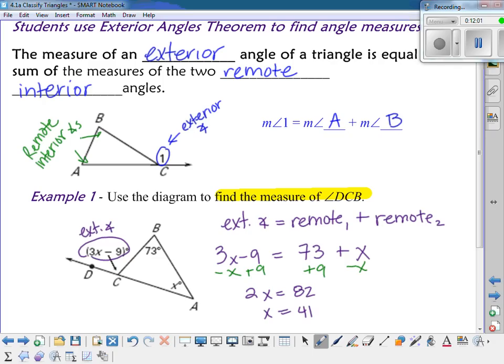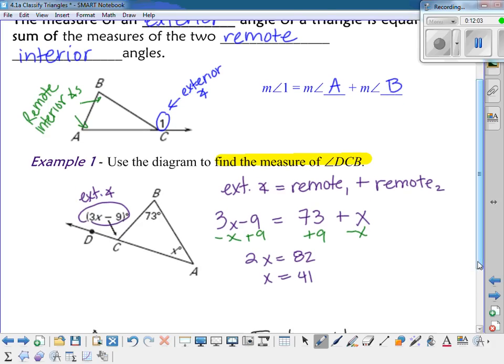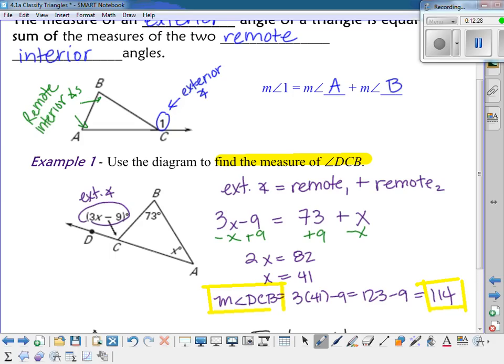I need to know the measure of angle DCB. So the measure of angle DCB is equal to 3x, so 3 times 41, minus 9, which is 123 minus 9. And so the measure comes out to 114 degrees. So that would be your answer. The measure of angle DCB is 114.